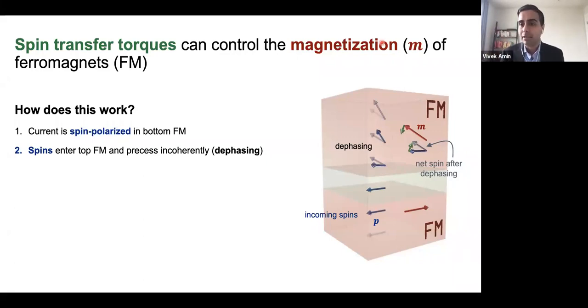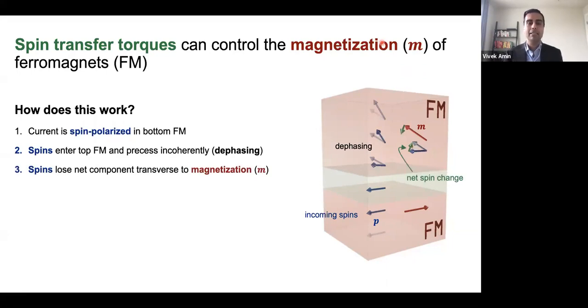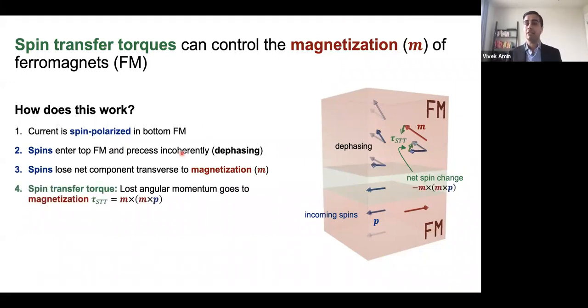And so within a couple atomic layers, you'll lose that transverse component of spin entirely. And this is what's known as dephasing. And so these spins then lose their net component which is transverse to the magnetization. And if we then look at the lost angular momentum, we can calculate that fairly easily, just using this very simple geometric principle, which is given by the magnetization cross the direction of the incoming spins.